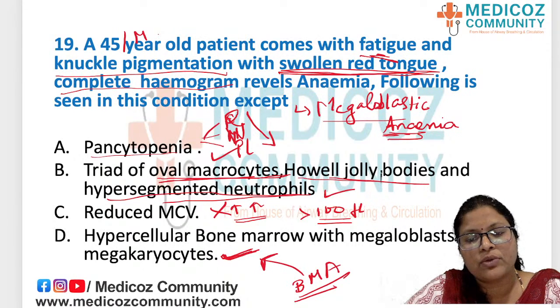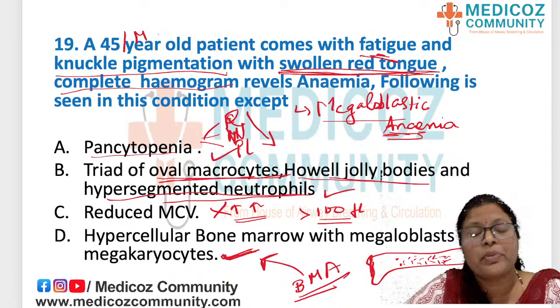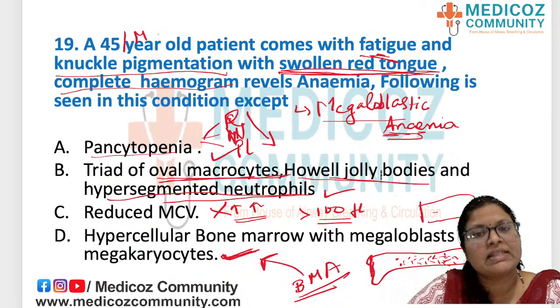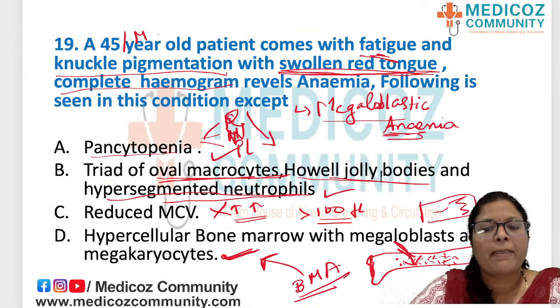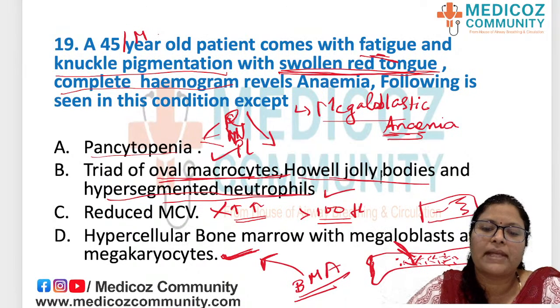The bone marrow is hypercellular. Okay. Surprisingly, in the peripheral smear, everything is less. But when it is aspirated from here, you see that it is hypercellular. Okay. And it is filled with megaloblasts and megakaryocytes.